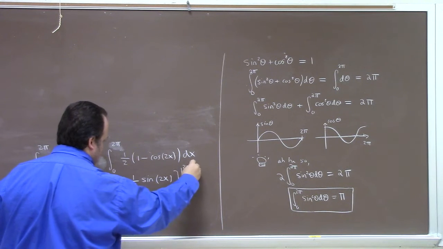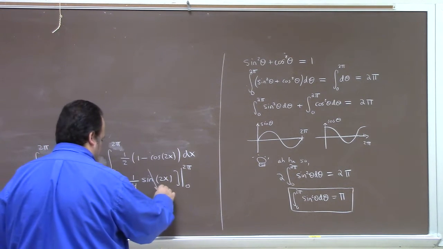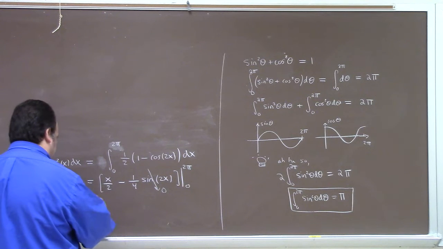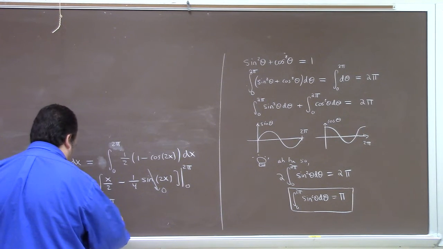What happens? You get sine of 4 pi or sine of 0 from the sine term. So when you evaluate the sine term at either of the bounds, this piece goes to 0. It's irrelevant. And so you just get 2 pi over 2, which of course is pi.